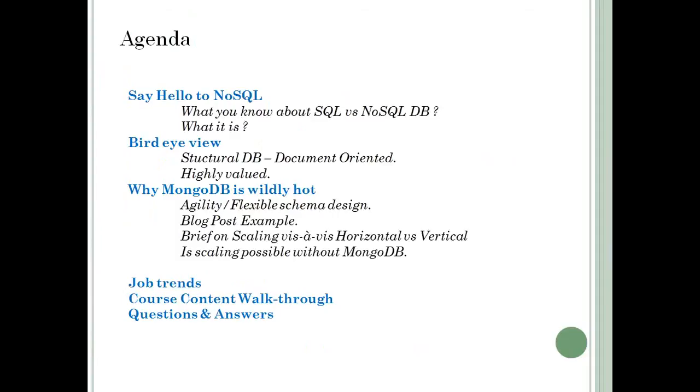Then we'll have a small blog post example to relate to how easy it is to design in MongoDB. Then we'll see jargon like vertical and horizontal scaling, and whether MongoDB's claim that it is horizontally scalable is possible without MongoDB or not. Then we'll see the job trends, and close with the course content and walkthrough.